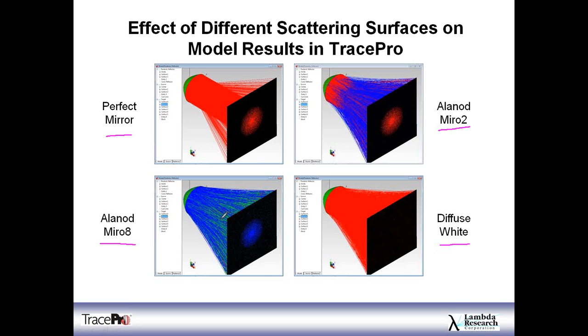More of the lower flux rays in the Miro 8. And then the diffuse white is just scattered all over the target. I'm also in this case using the ray sorting feature in TracePro, so only showing rays that are hitting this target to simplify the picture a little bit.